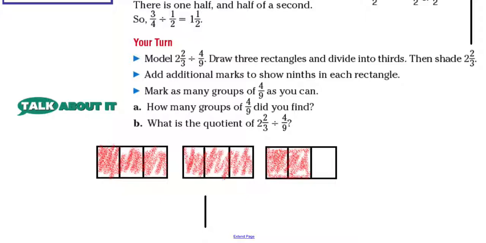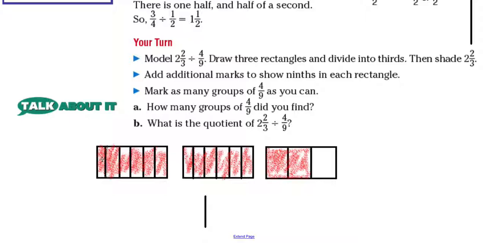So what we do is we get our little line there and start dividing it into ninths. Make that straight. There you go. So you have 1, 2, 3.